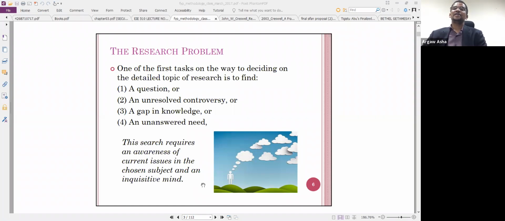And if there are unanswered needs, we need something, but it's not unanswered. The COVID issue is not unanswered. If you know the cases for some 6 months, the cases are increasing.